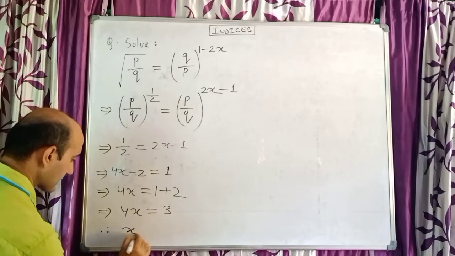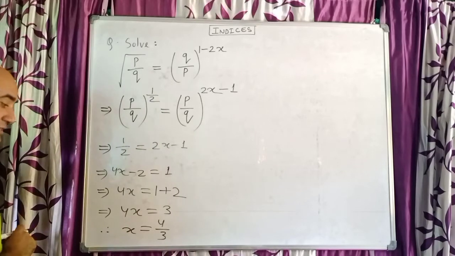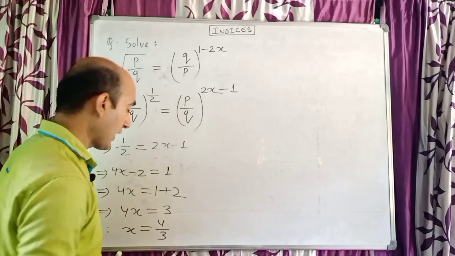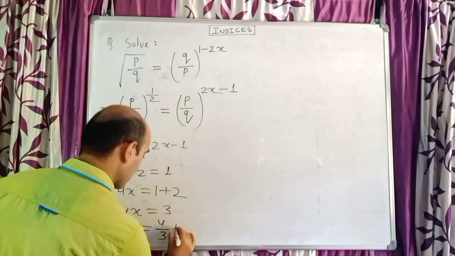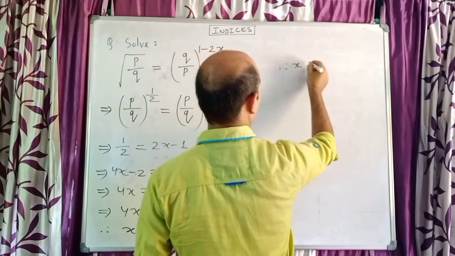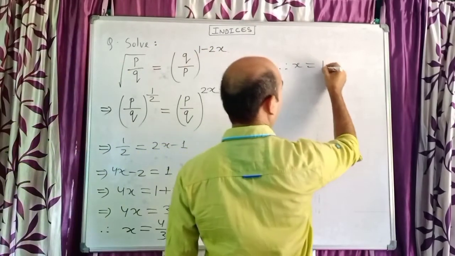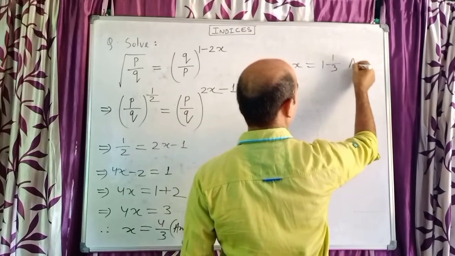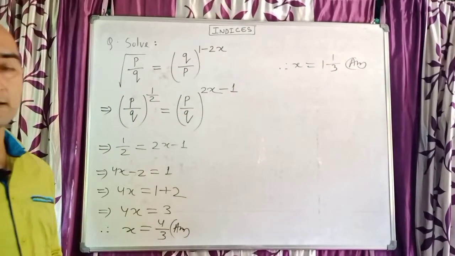Therefore x equal to 4 by 3. This is our answer. So one more thing also you can do, if you want to write this as answer, no issue. And if somebody wants to write x equal to, by dividing 4 by 3 as 1 whole 1 by 3, this is also correct. So both the answers are correct.